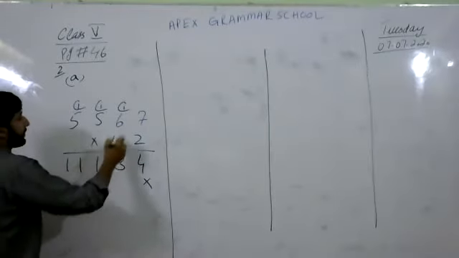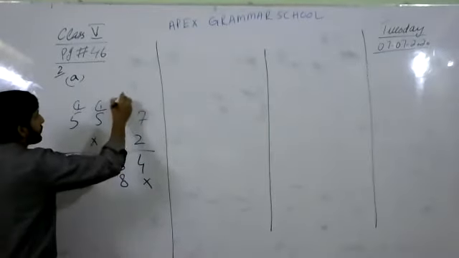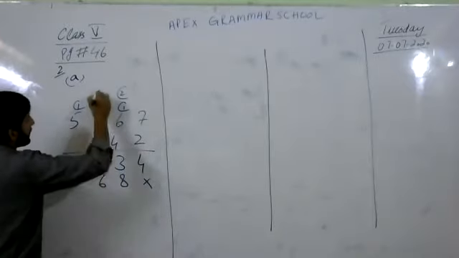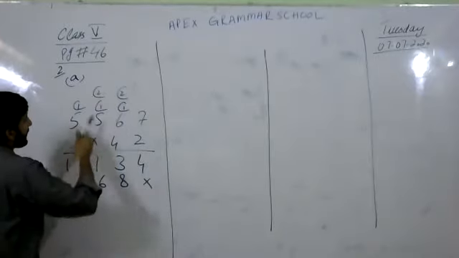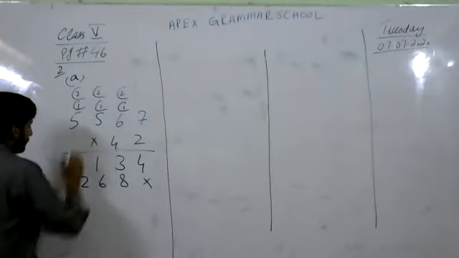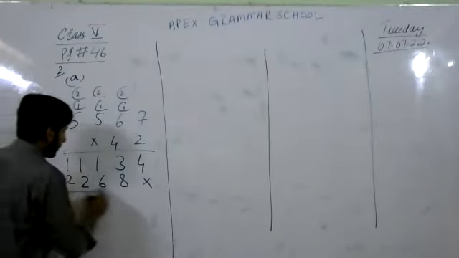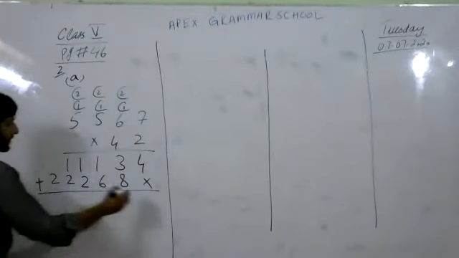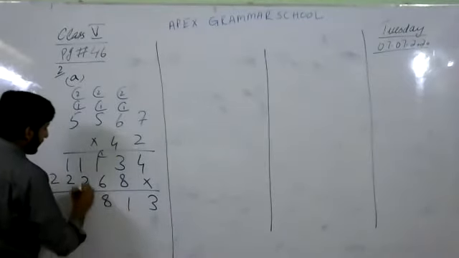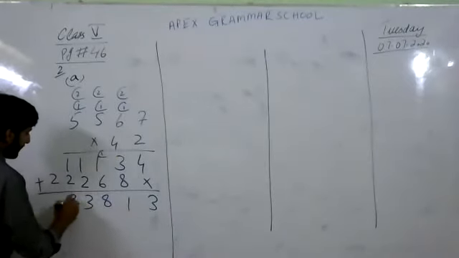Now set 4. 4 times 7 is 28, 2 carry. 4 times 6 is 24 and 2 is 26, 2 carry. 4 times 5 is 20 and 2 is 22, 2 carry. 4 times 5 is 20 and 2 is 22. Now we have to add them.